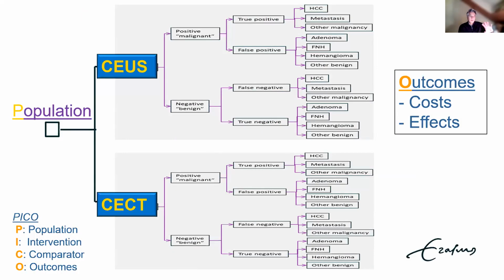So obviously with this kind of approach in mind, we have these two kinds of models, one for contrast-enhanced ultrasound, one for contrast-enhanced CT that we included in our analysis.